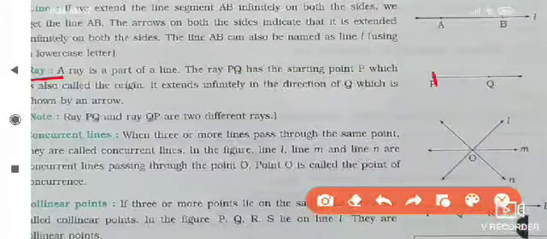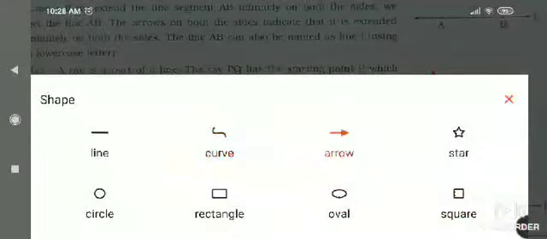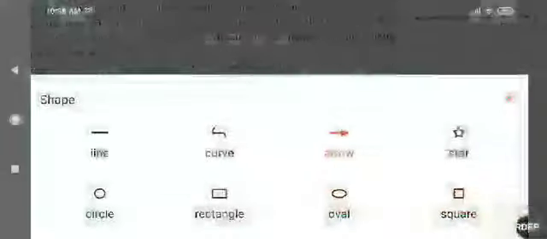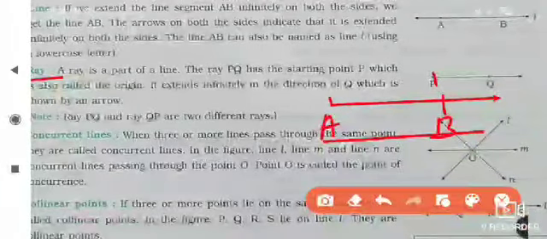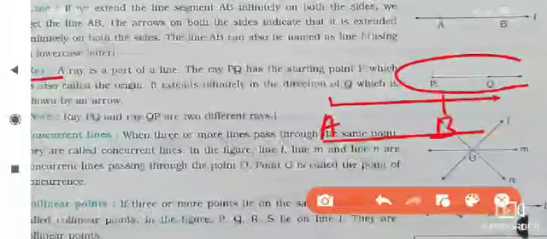If you have to draw the sun rays, it has a starting point, this is the starting point A, and we read it as ray AB. If you read it as ray BA, then it is wrong. How to read this? Ray AB. Similarly, ray PQ. In this way we have to read it.